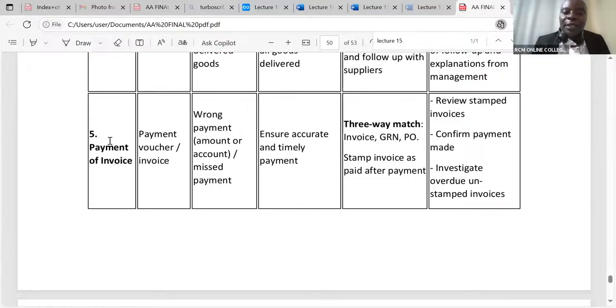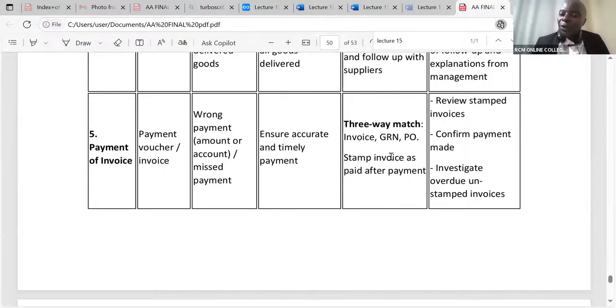And remember, as an accountant, as a CFO, you shall do a 3-way match. You look at the invoice given to you versus the goods received note versus the purchase order. These are very good control activities, the 3-way match.